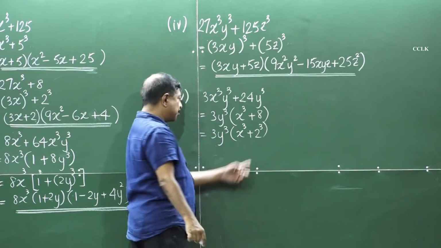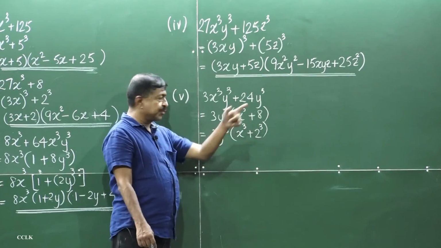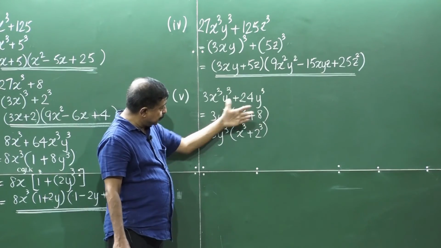You don't have to write it like that, but I just want to show you what's going on. You can straight away factor this. It's simple. Close this, you get x plus 2.